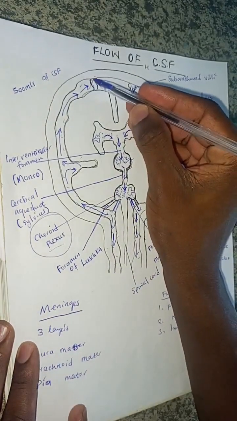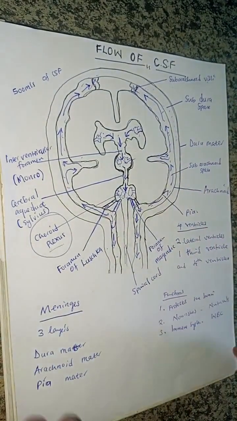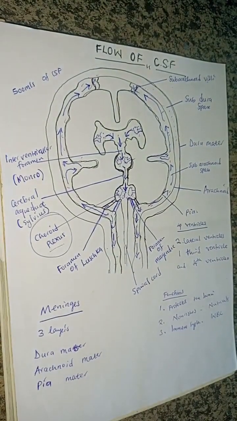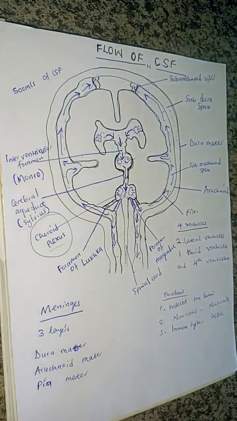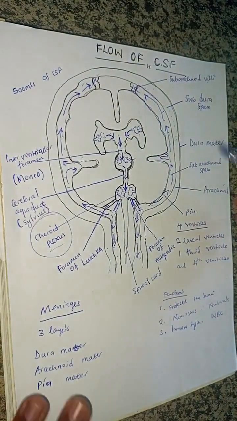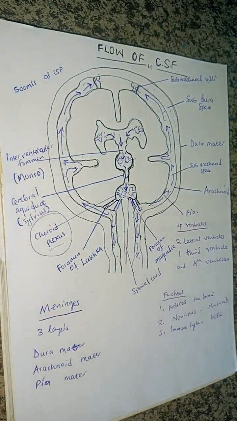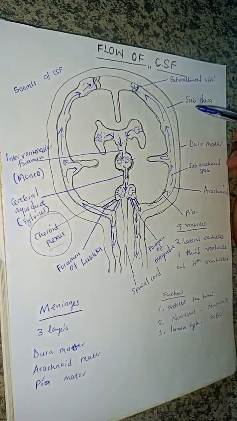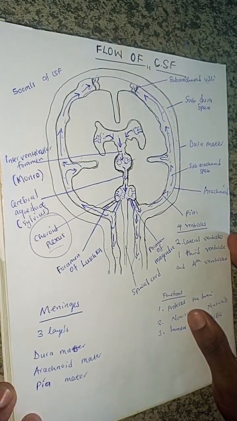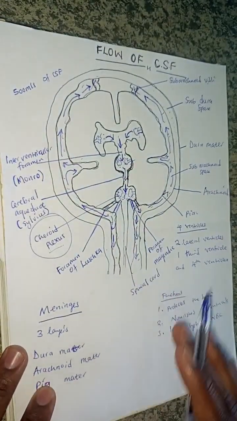They will be absorbed by the subarachnoid villi into a sinus which will drain into the venous return. So this is how the cerebrospinal fluid flows.